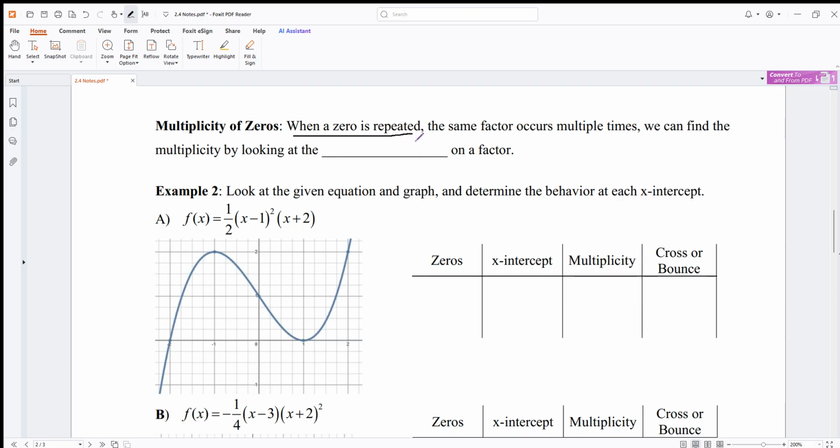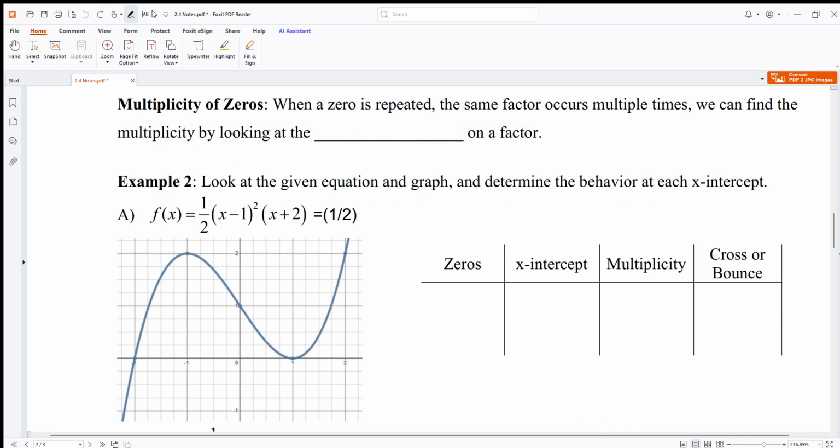So when a zero is repeated, the same factor occurs multiple times, right? And what this means is, let's finish writing this out. It says equals, and we can finish writing this because I have the 1/2 there, but we also have that square. Remember, that means I have 2 of that thing sitting there.